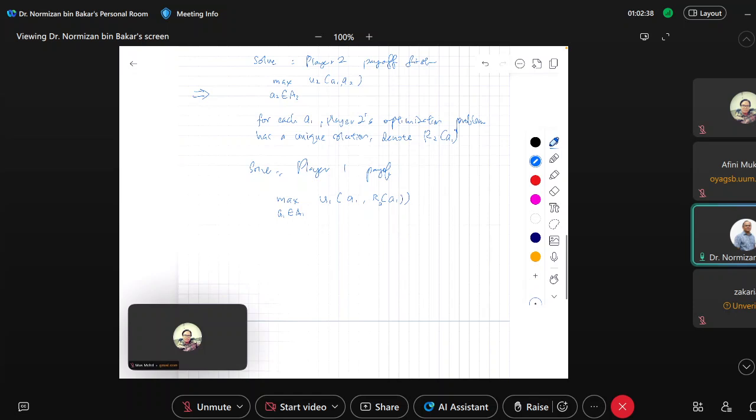So we found out that in backward induction, A1 asterisk is the expected response of the second player regarding A1 asterisk.